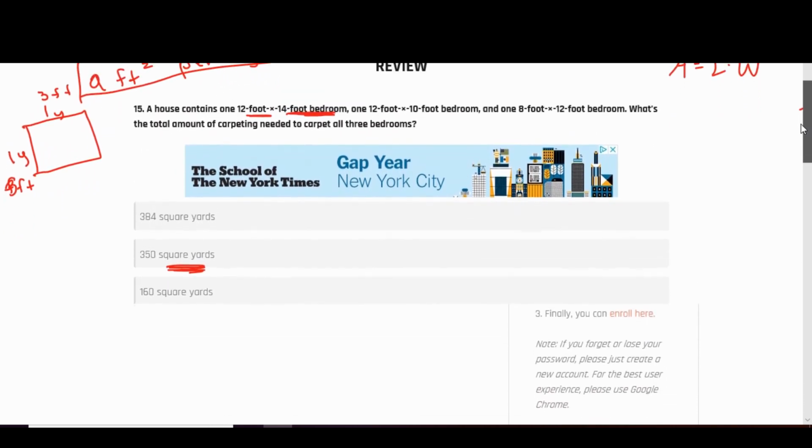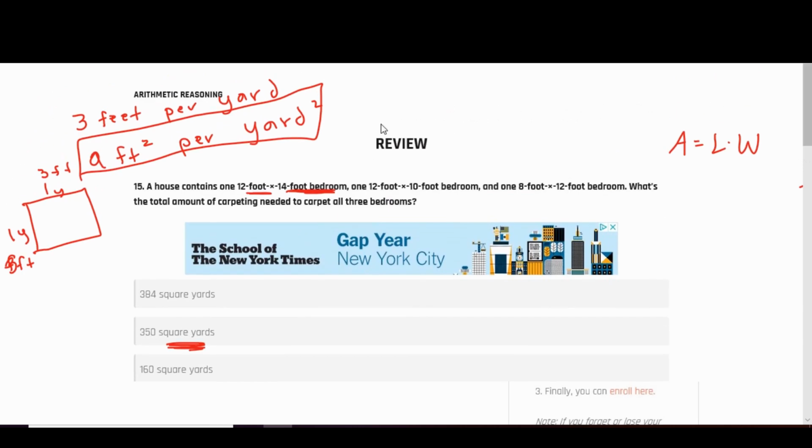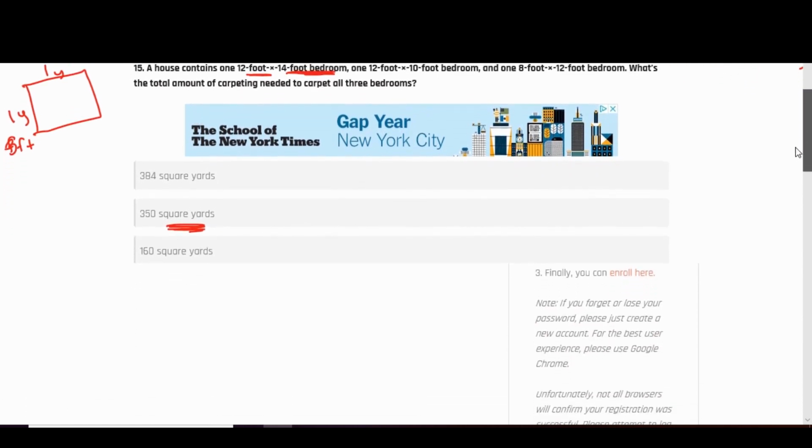But first, let's find out the total area of these rooms. If 14 was divisible by 3, and 10 was divisible by 3, and 8 was divisible by 3, I would use this conversion right out of the gate. But in light of the fact they're not, I'm going to work this out and make the conversion at the end. So we're going to find the total area, which I'm going to represent as A total.